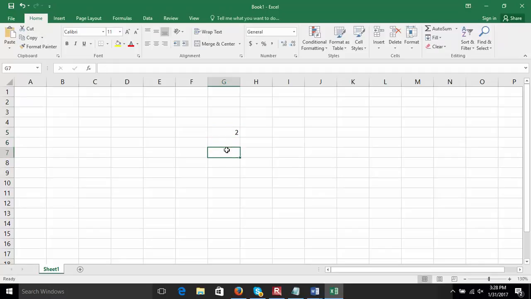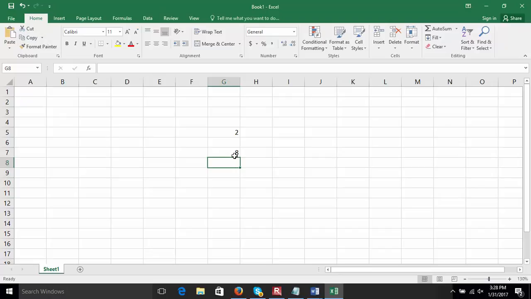Because if I were to write it like this, equals 8 divided by 2 times 2, with the implication that 2 times 2 is in the denominator, it's not going to work. Excel treats my dear Aunt Sally from left to right. It doesn't multiply first and then go back and divide.